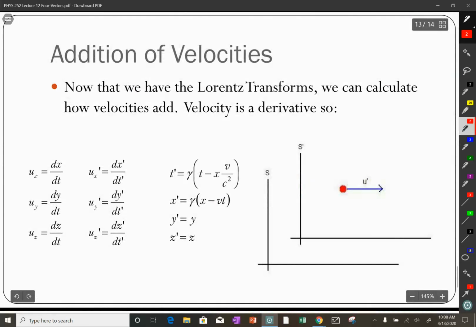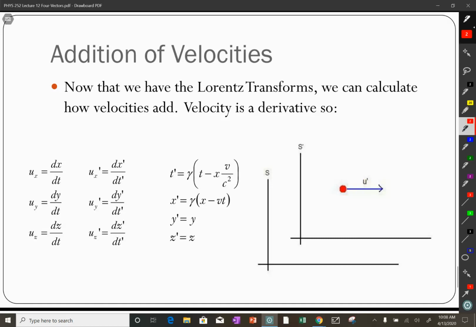So how is this useful? Well, we're going to use this to calculate addition of velocities. Now, you saw in class what the equation was for parallel velocity addition. We're going to look at both parallel and perpendicular addition of velocities.